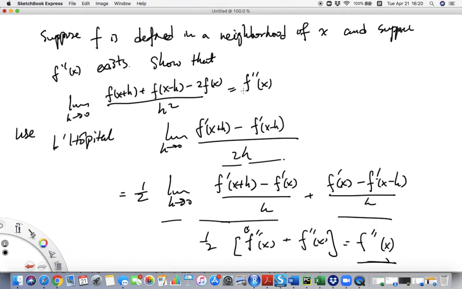Well, that sounds strange, and in fact, that's not true, because we need this 2f(x) so that as h goes to 0, the numerator goes to 0. Then we can apply L'Hopital's rule. Otherwise, if your denominator is going to 0 but the numerator is not going to 0, you simply have plus or minus infinity. So you can't use L'Hopital's rule there.